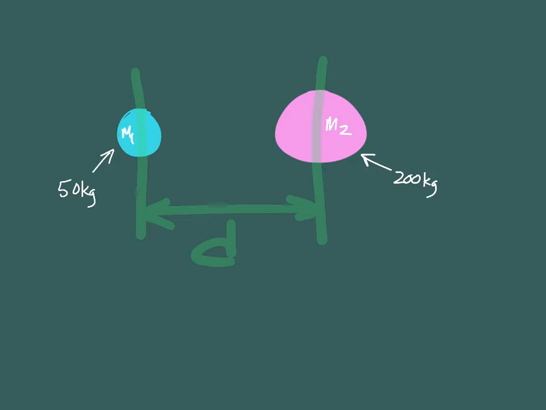So distance 1, when it's 4 meters, we have force 1 on 2 and force 2 on 1 are the same magnitudes. All right?